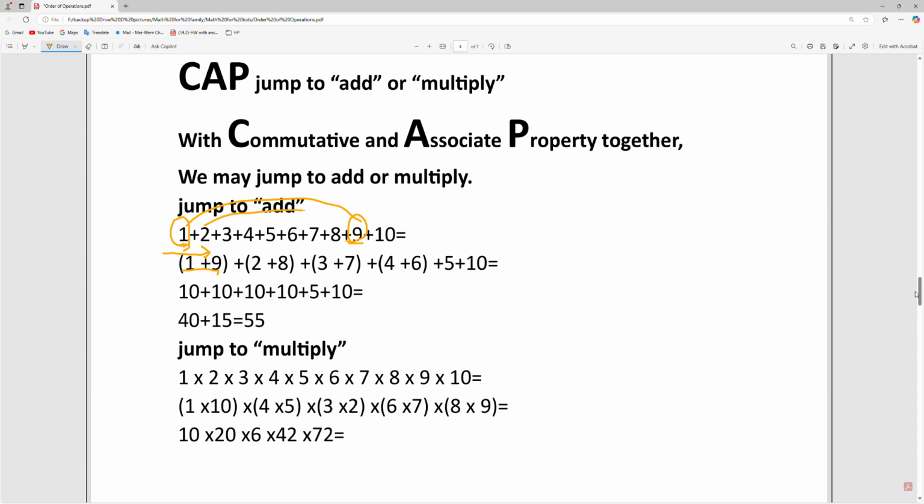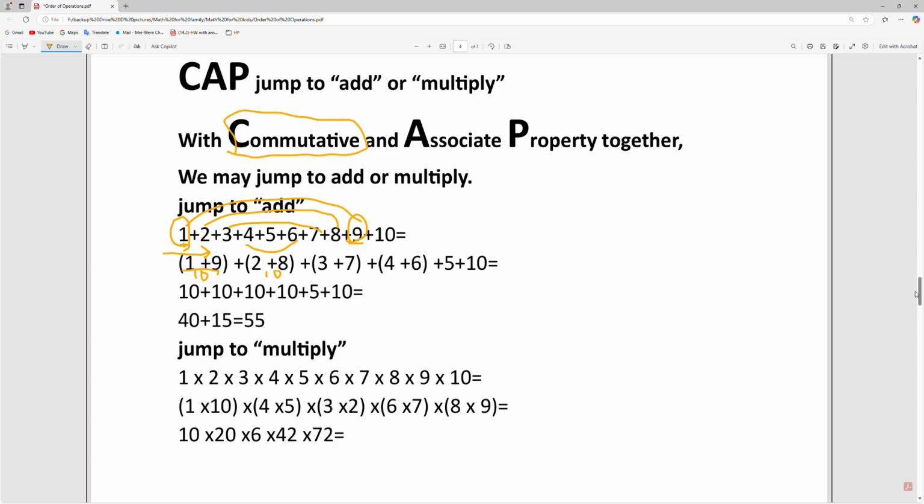Why do you want to jump to add? Because 1 plus 9 is 10, 2 plus 8 is 10. It's easier to memorize and calculate. But with only the associative property, you won't be allowed to do that. So you need the commutative property to help you jump to add.